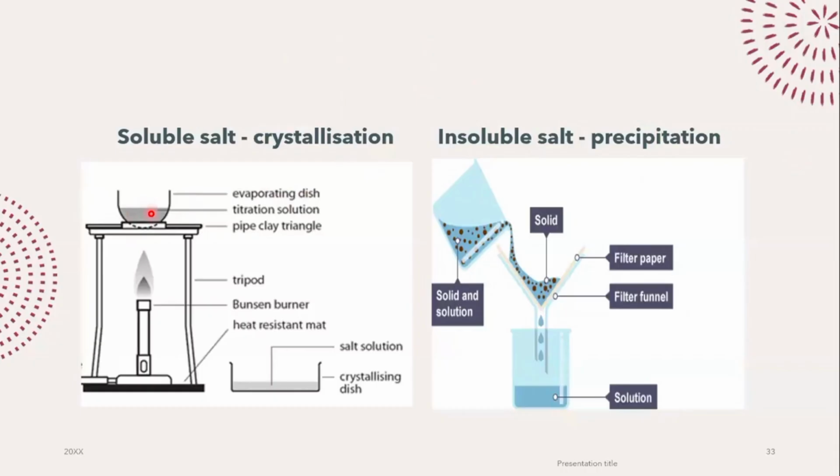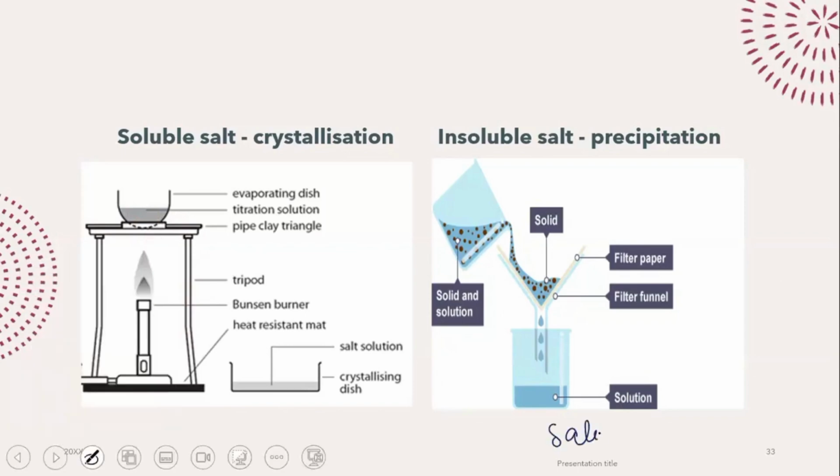After we have added our solution, we are going to slowly heat it up. Please keep in mind, we heat it up slowly. We do not just put it on a high flame and get rid of all the water. No. We're going to heat the water slowly, and I'll explain why in just a bit. We will keep on heating it until the solution becomes saturated.